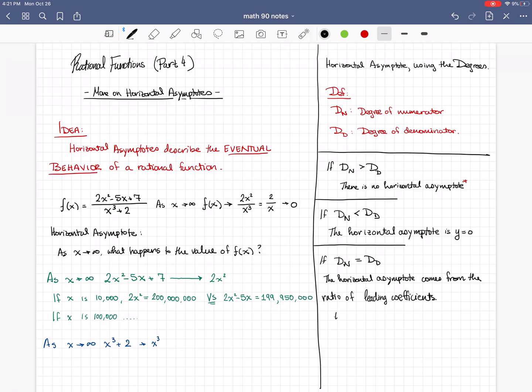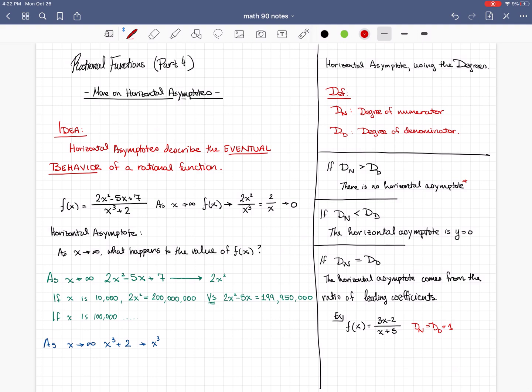So for example, if your function is something like 3x minus 2 over x plus 5, okay, the degree of the numerator is equal to the degree of the denominator, and they're both equal to 1, right? The numerator and the denominator are both linear.